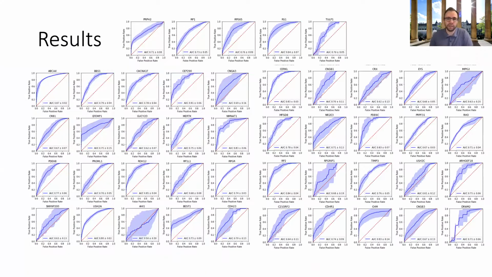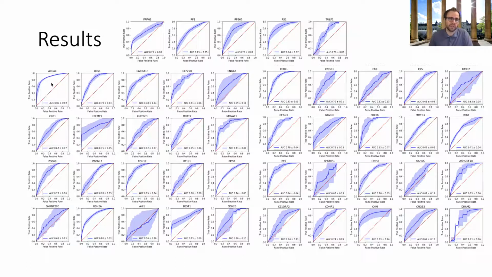Following the training, here are the results that we obtain. What you're seeing here is what's known as receiver operating curves. This is how we assess the prediction performance, and the metric that we are interested in maximizing is the area under the curve, under the blue curve.